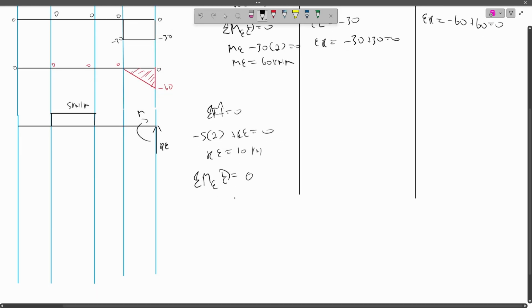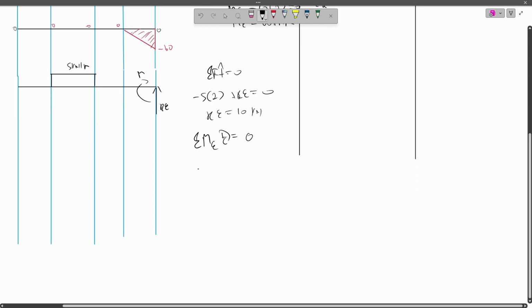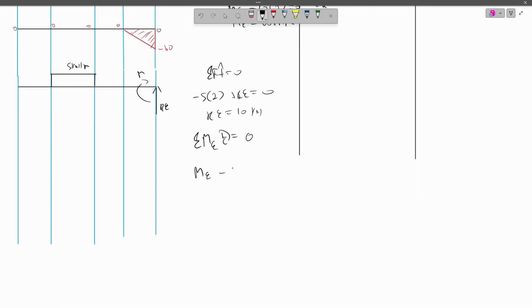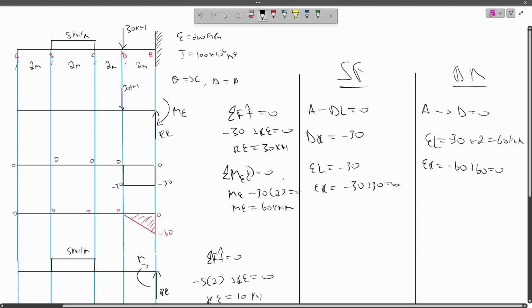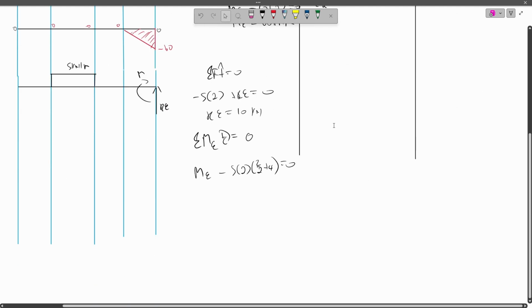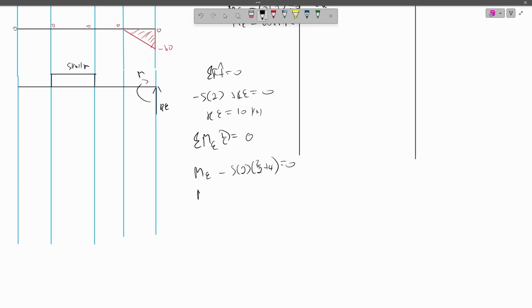And then sum of moments at A, clockwise positive, is equal to 0. And then we'll have our MA minus 5 times 2, 2 over 2 plus 4, is equal to 0.